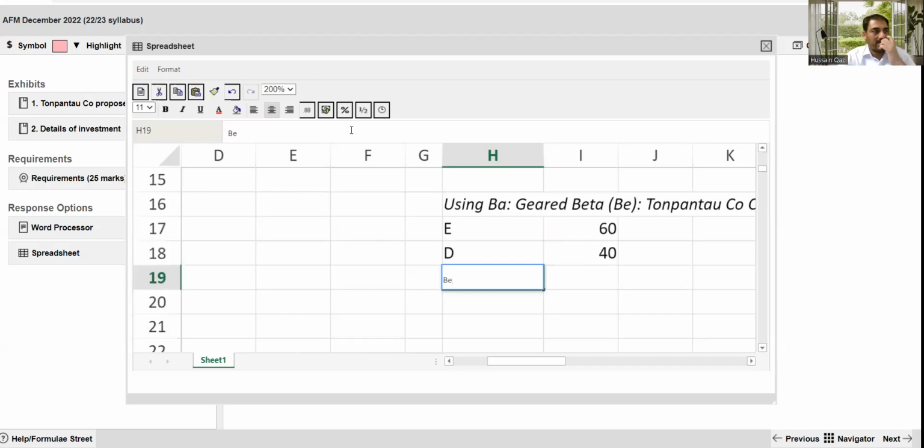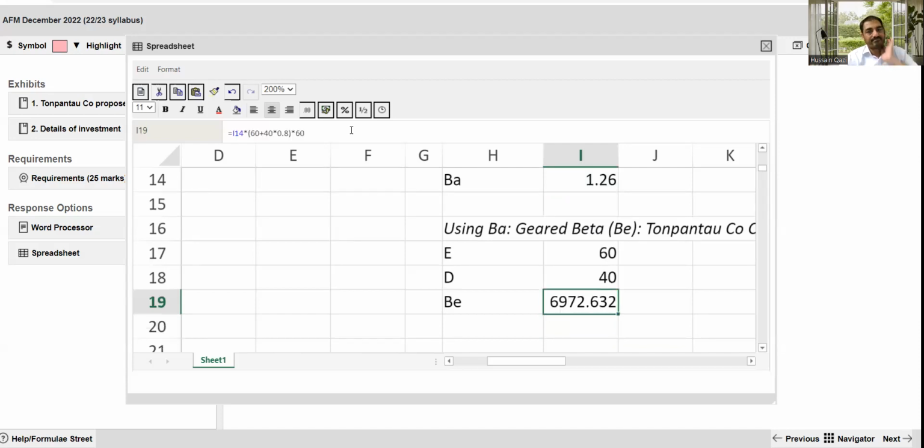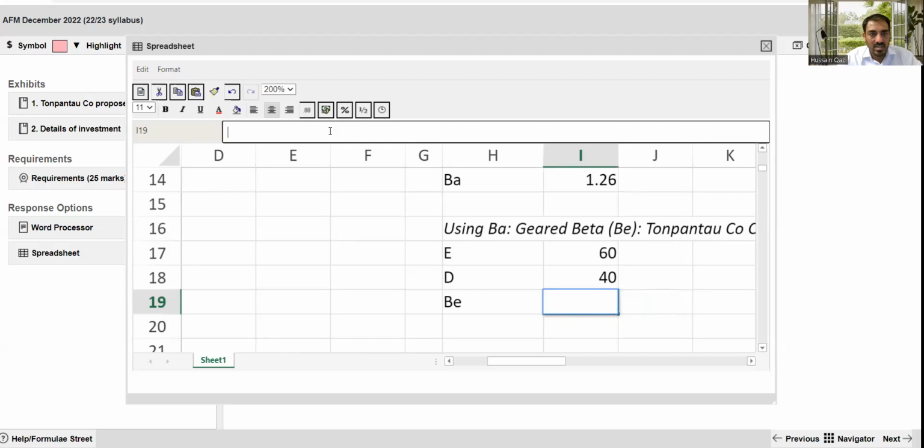Now beta equity is equal to 1.263 multiplied by 60 plus 40 multiplied by 0.8 divided by 60. Sorry, once again.